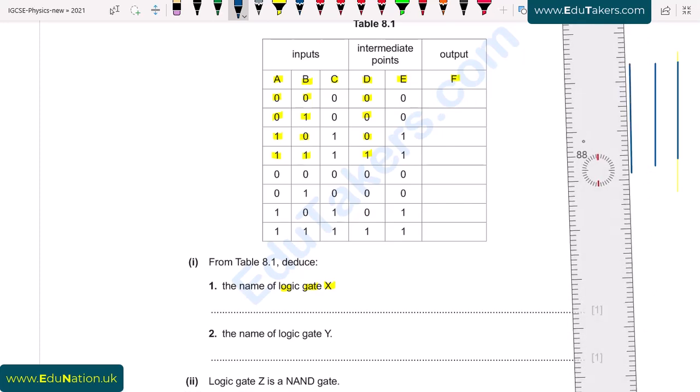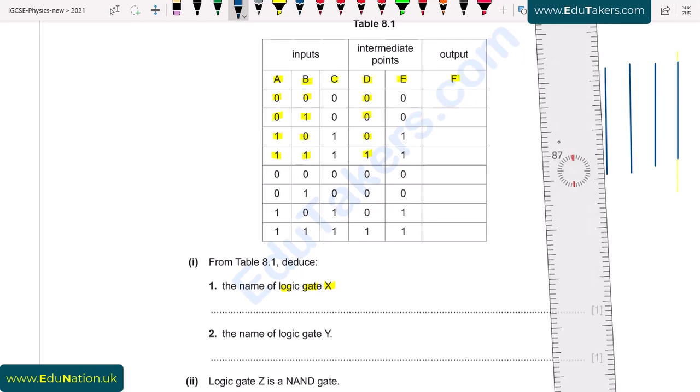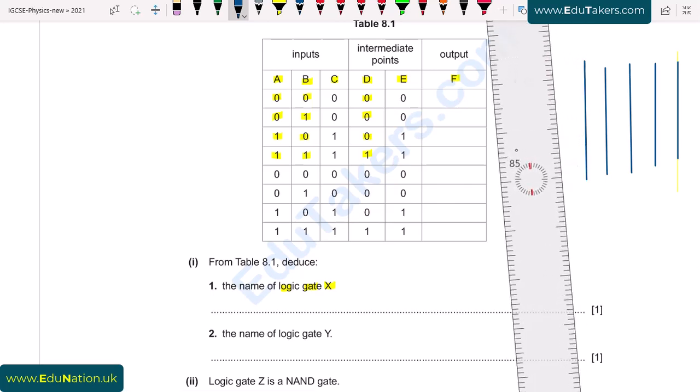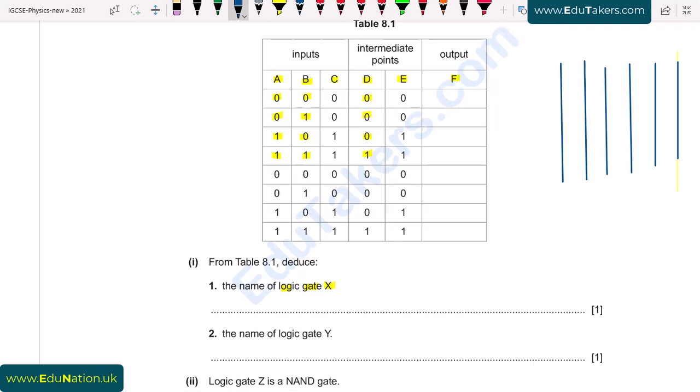I just consider that there are two inputs, not three inputs. So if I consider that it is input A and B, the inputs are 0 0, 0 1, 1 0 and 1 1.